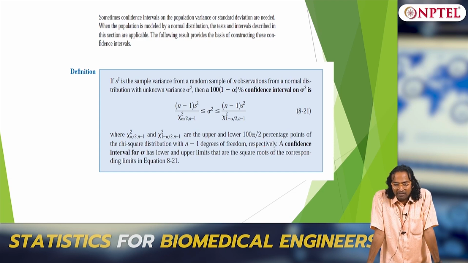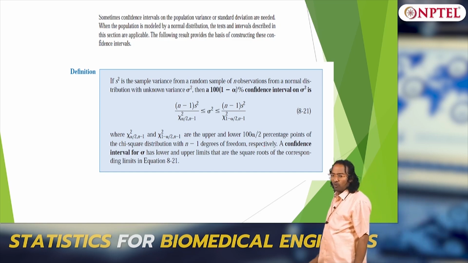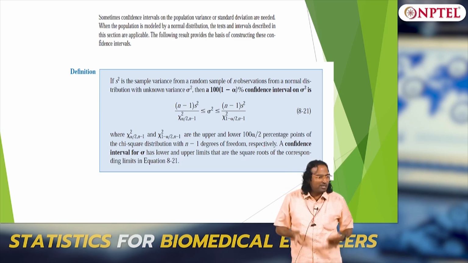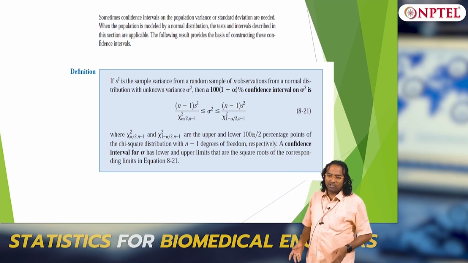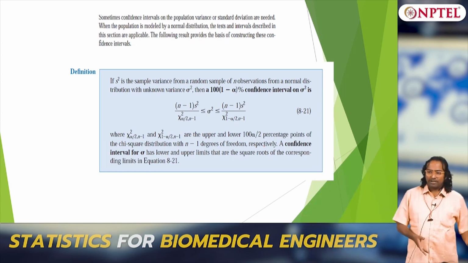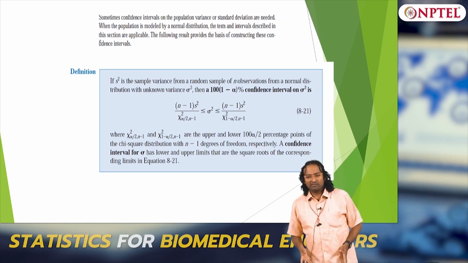Mu lies between x bar plus or minus z alpha by 2 into sigma over root n. So, what is the confidence interval we are looking for? What is the confidence about the estimate? The estimate is what I calculate. You always give confidence for the true parameter. So, in this case we have to give a confidence interval for sigma squared, right.